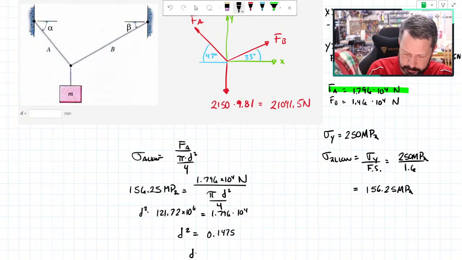0.1475. D is going to be the square root of that, which I don't even know where I'm going to do that at. Let's see. There's square root. 0.384, but that would be meters.